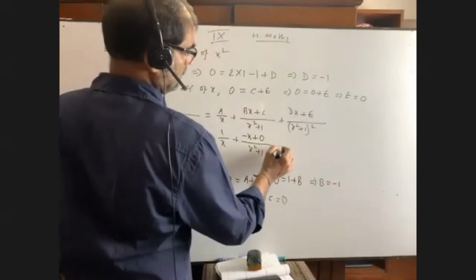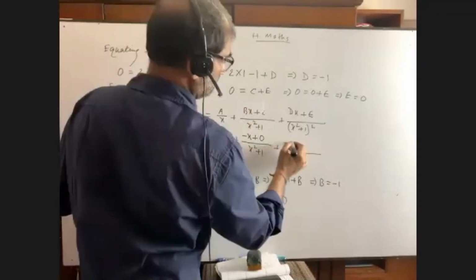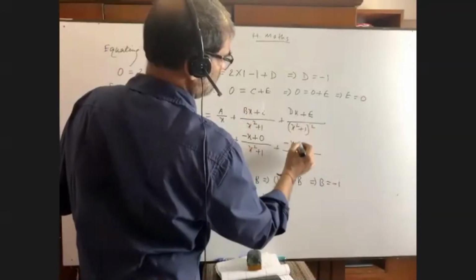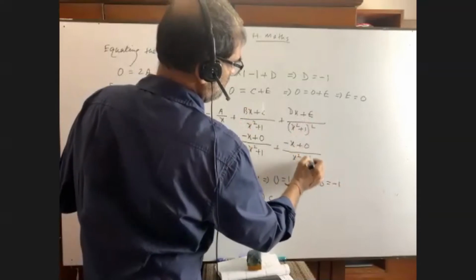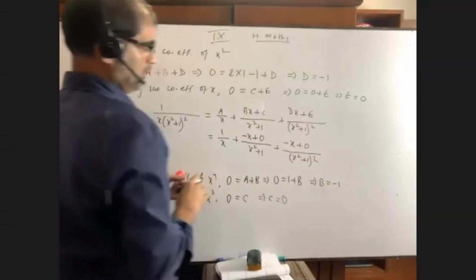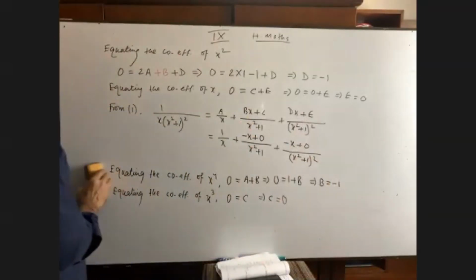Then what is the value of d, that is dx? Minus 1. What is the value of e? e is 0. I have just put the values, nothing else I have done here.